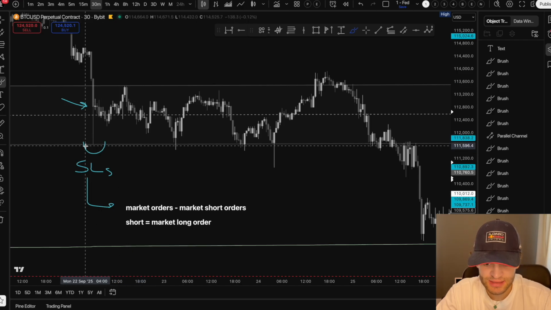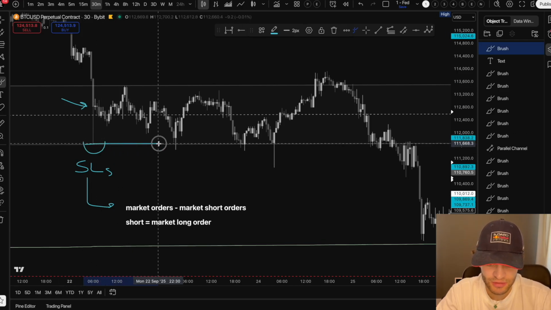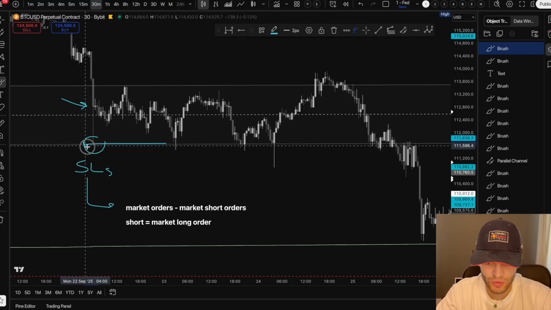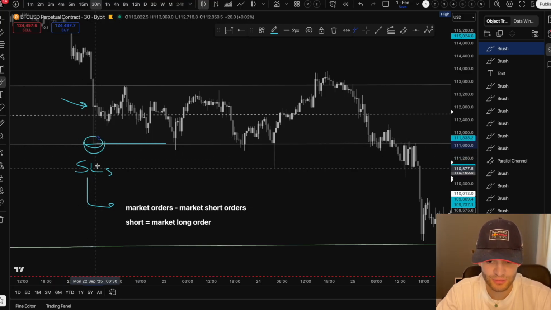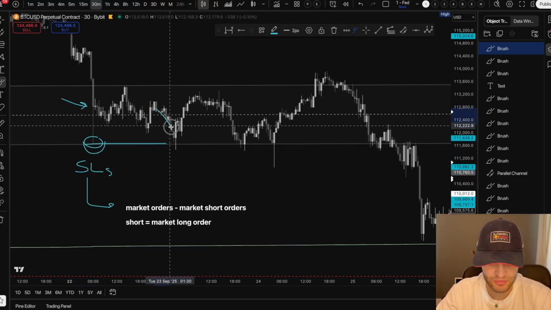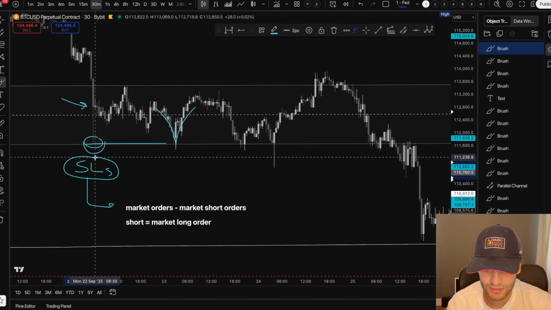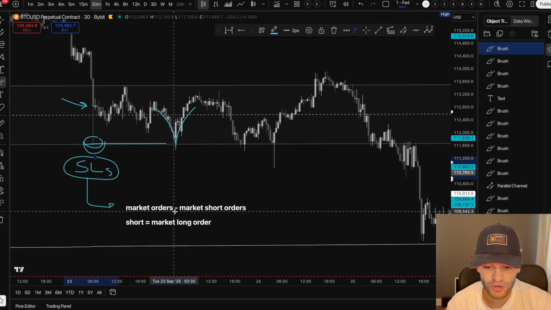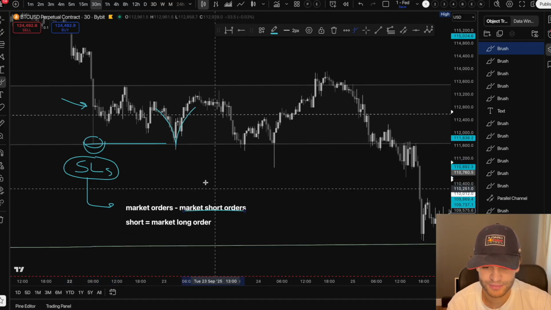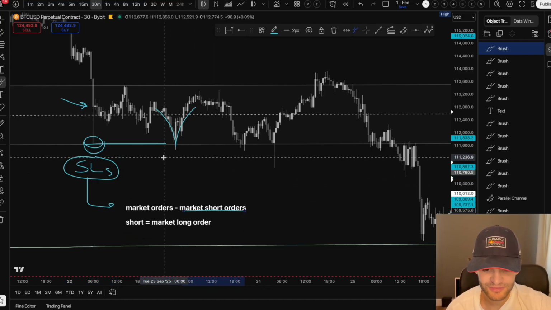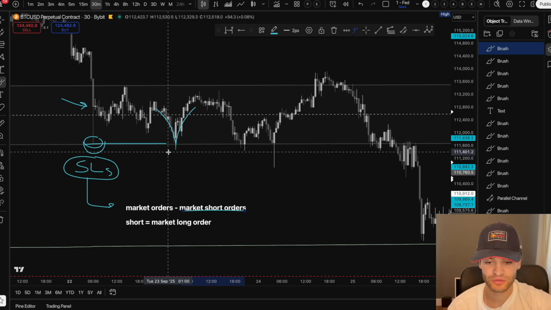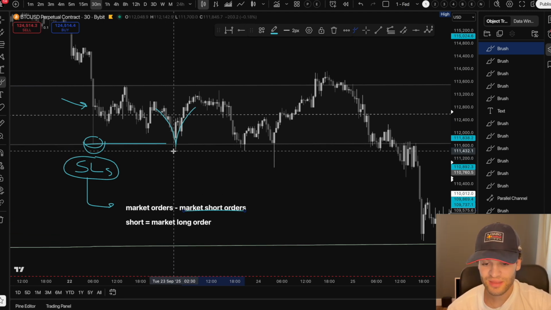Once price goes back below this price, right here, where we have the wick and all these stop losses, as you can see, this happened right here, it triggers all these market short orders, and it gives the opportunity for the larger traders to fill their limit orders with the opposite orders.